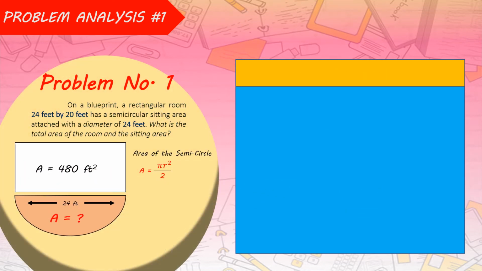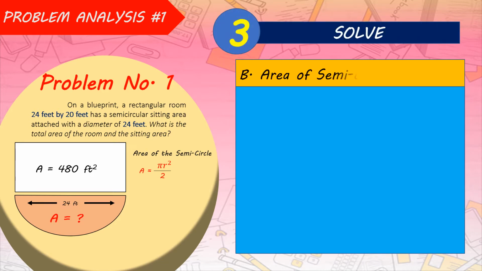Now after we solve for the area of the rectangular room, we're going to solve for the area of the semicircle. So what formula are we going to use? Very good. We're going to use the formula area is equal to pi times r squared divided by 2.